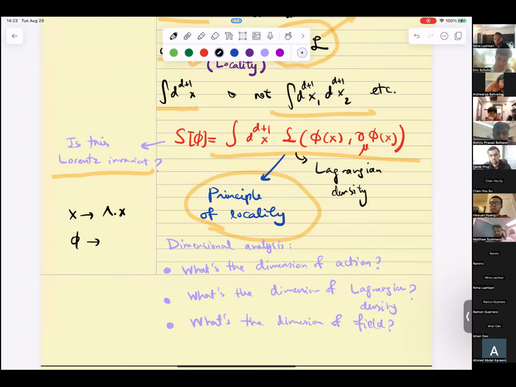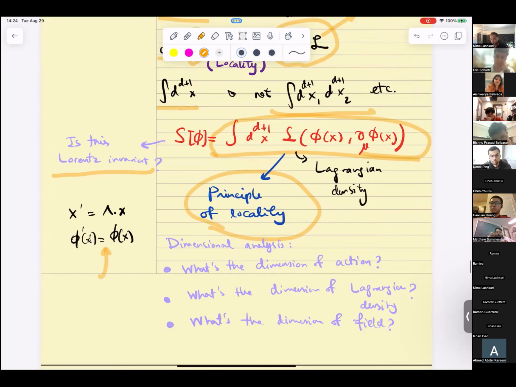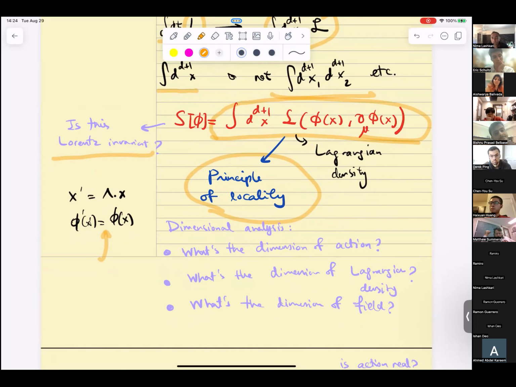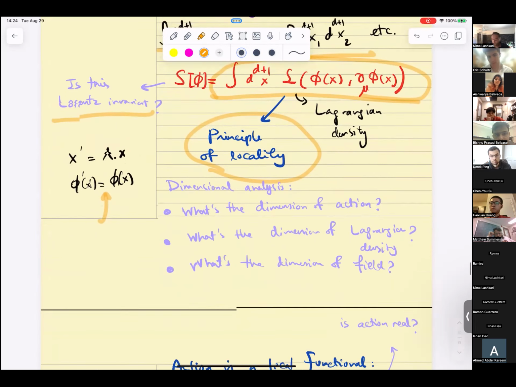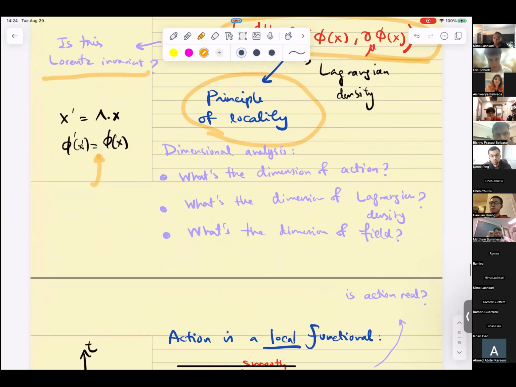If it's a scalar field, it transforms in the following way: phi prime of x prime is phi of x. You want to make sure that this thing is kept invariant. Now, if your field has a bunch of components, there will be representation matrices here, and you have to make sure it's Lorentz invariant. That is the principle of Poincare invariance in general.